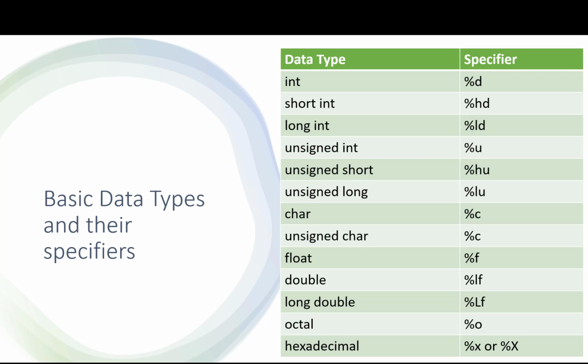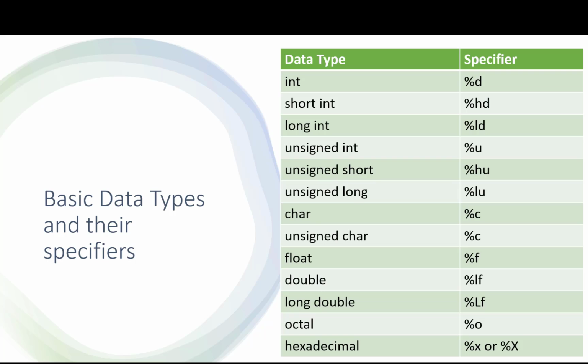So this you need to memorize. In the next video, we are going to see all this with an example. So from here, you just learn these specifiers, and in the next video we will do the practical implementation and understand how to use these specifiers.